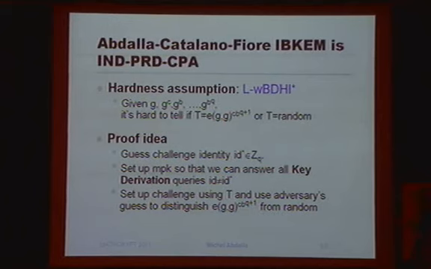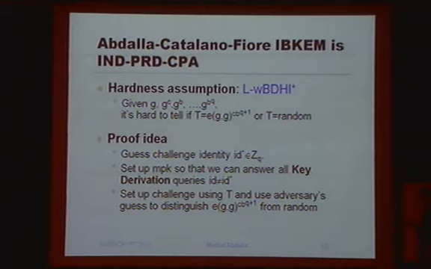In this case, in our proof, again we guess the challenge identity, which means essentially we can only prove selective security. But if we consider selective security, this proof actually works for large domains, like the original Boneh-Boyen scheme.